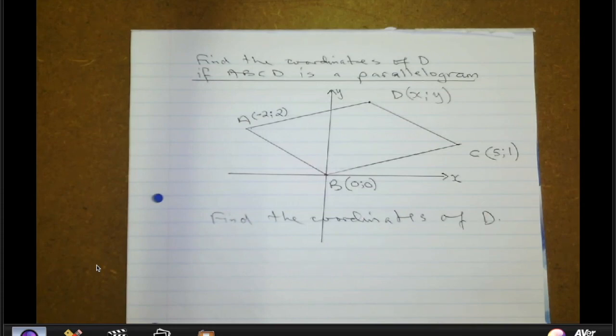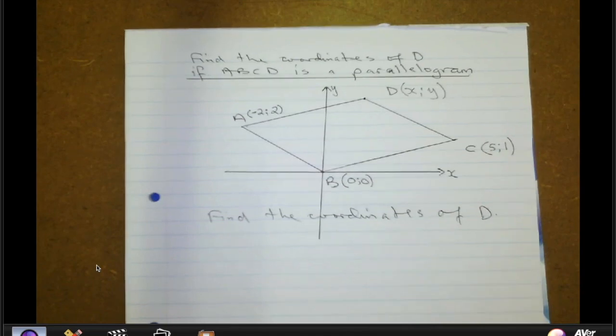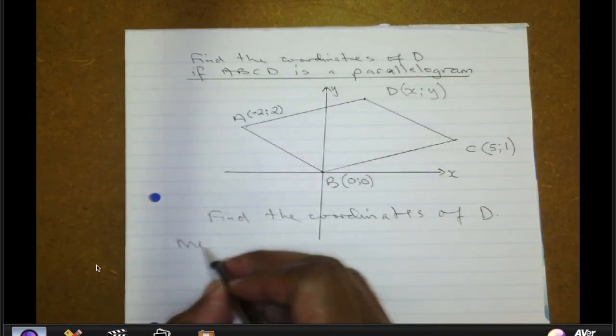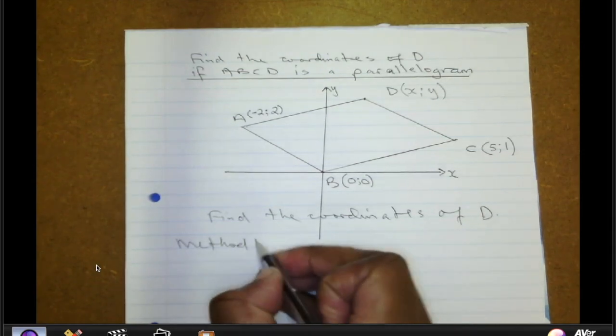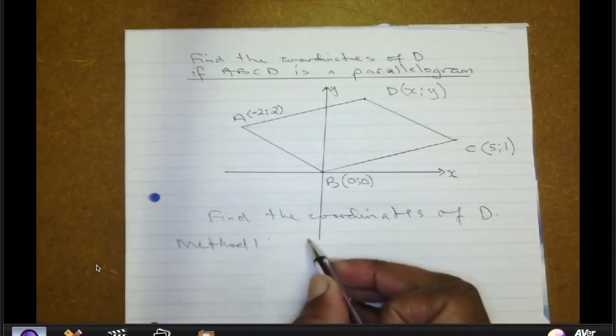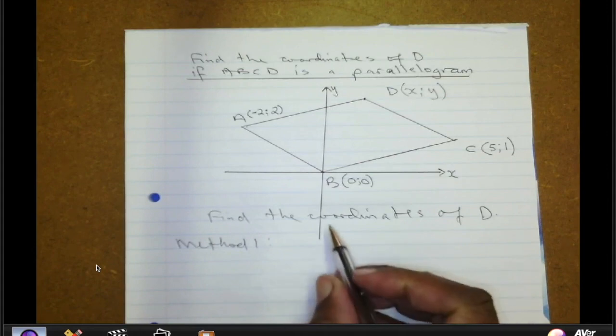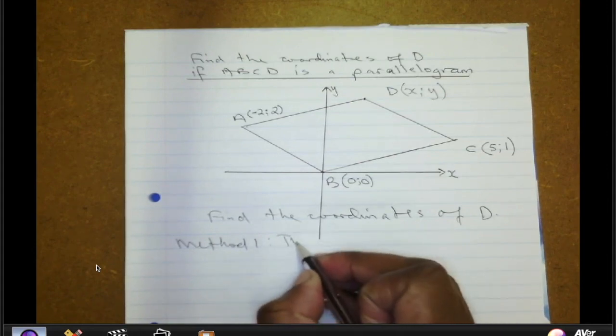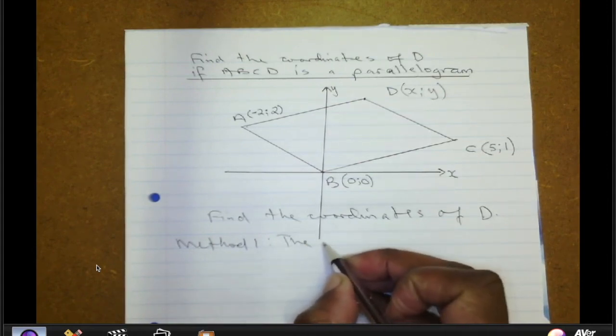There are several methods of working out the coordinates of D. I'll look at two and just summarize the other two or three. Now the first method will be the method that uses the fact that the diagonals of a parallelogram bisect each other.